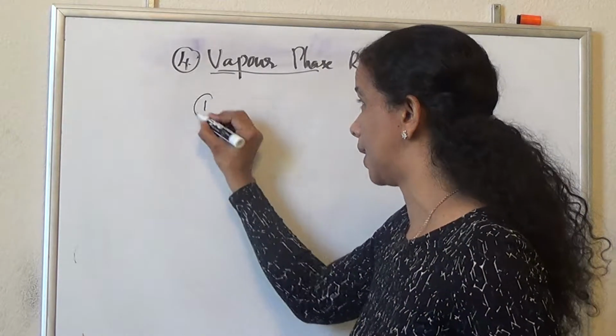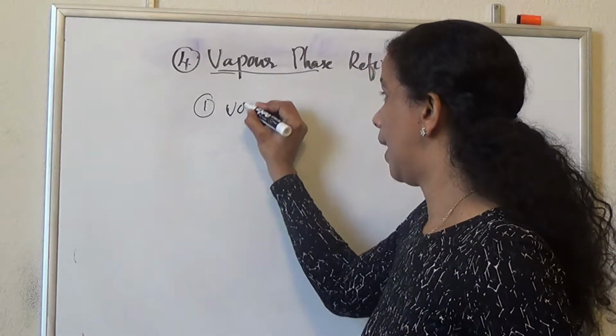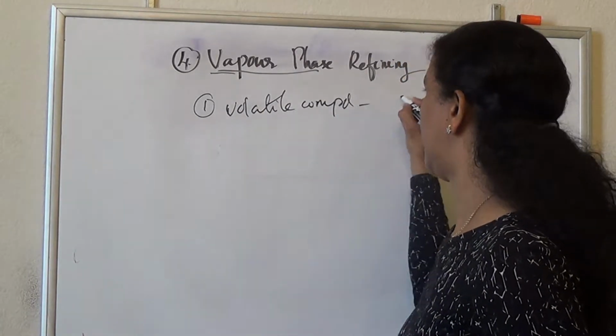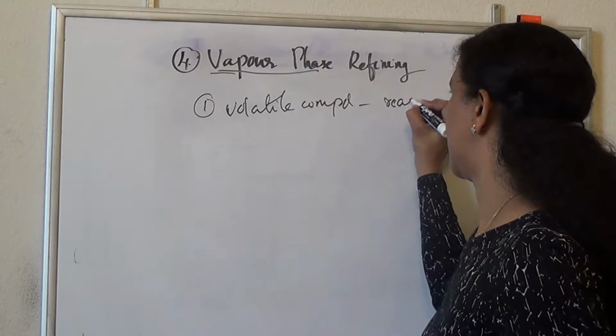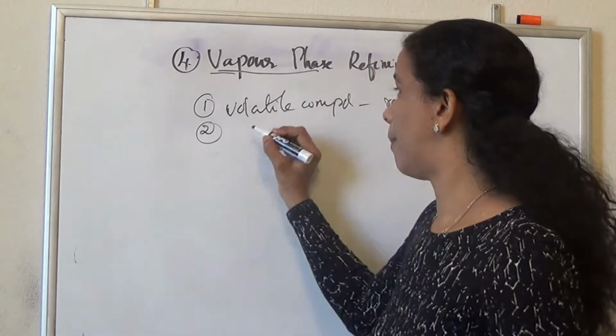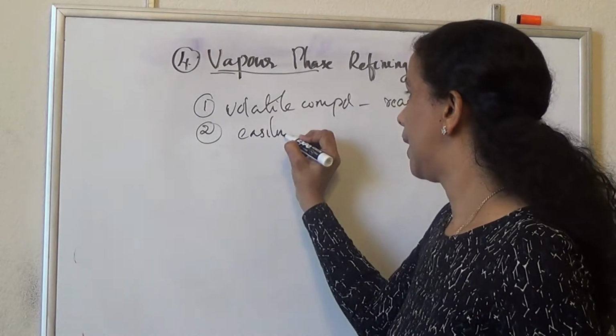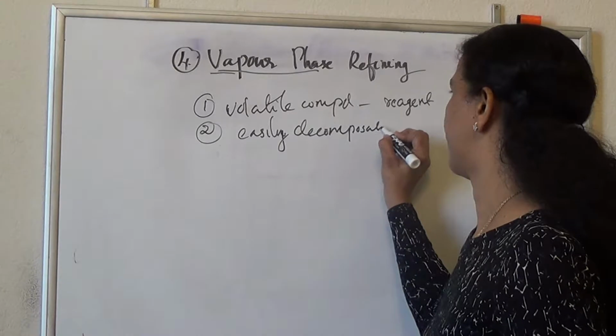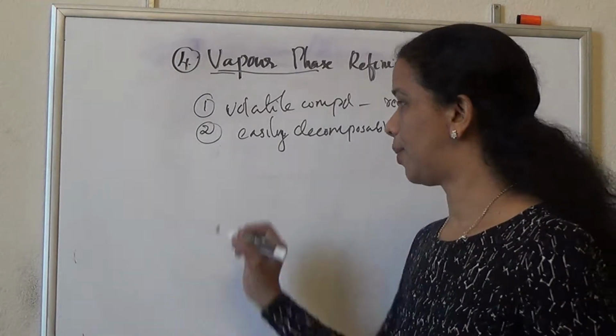There are two requirements. First, they must form a volatile compound with a reagent. Second, this volatile compound must be easily decomposable. Then only we will get the metal. So there are two methods.